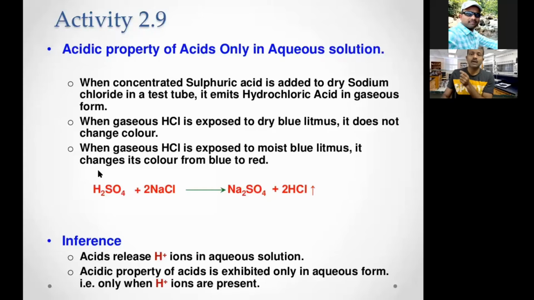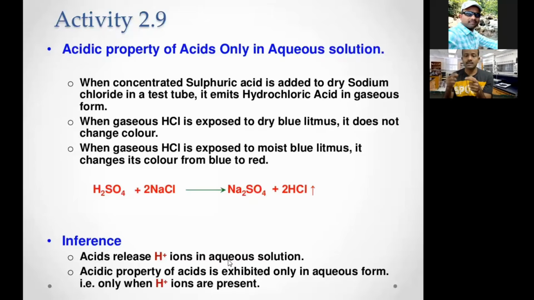How are we drying this moist HCl? By keeping some moisture absorbing material here. The moisture absorber will drag the moisture from the gas, and the HCl gas will become dry.